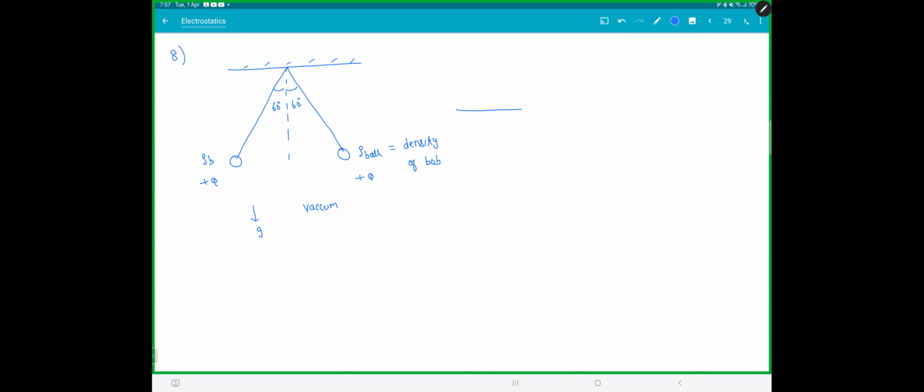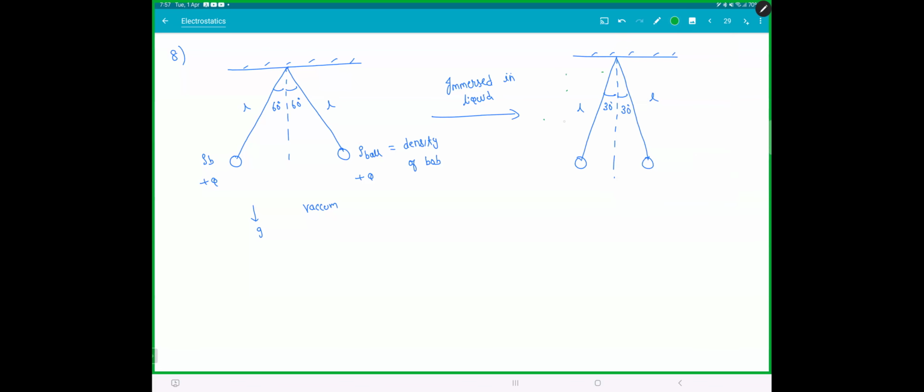Then what you did, you took this whole setup and immersed it in a liquid. Then something happened and these two pendulums, remember length is L and L, they came closer. The angles became 30 degrees and 30 degrees.